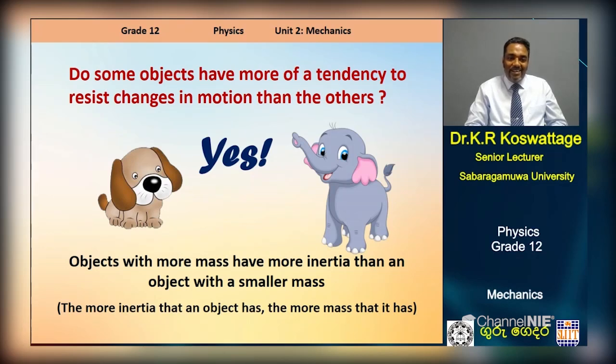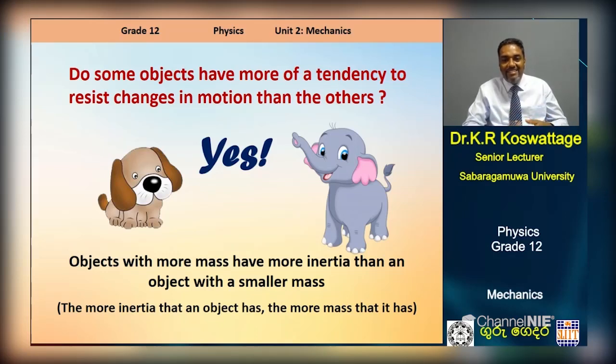And also, this question is available: do some objects have more of a tendency to resist changes in motion than others? I can say, of course, yes, because an object with more mass has more inertia than an object with smaller mass. In everyday life, you experience these things. An object with more mass is really hard to move; an object with less mass is easy to move.